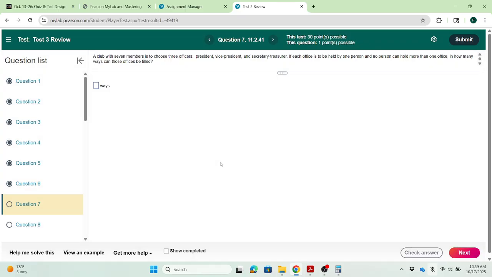A club with 7 members is to choose 3 officers: president, vice president, and secretary. If each office is to be held by one person and no person can hold more than one office, in how many ways can those offices be filled?